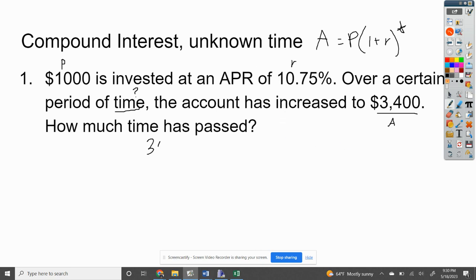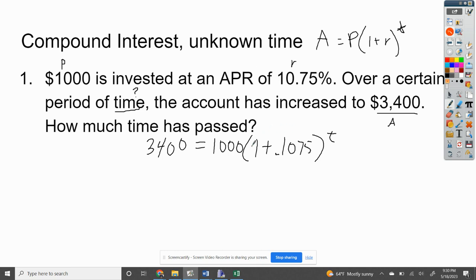We got 3,400 is equal to $1,000 principal times (1 plus the rate, which is 10.75%, written as a decimal, is 0.1075) raised to the power of, I don't know, so we call it T. To be honest, there's two different things you can do here for the first step.